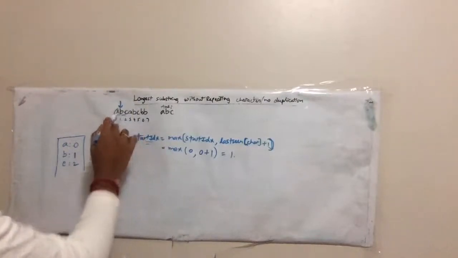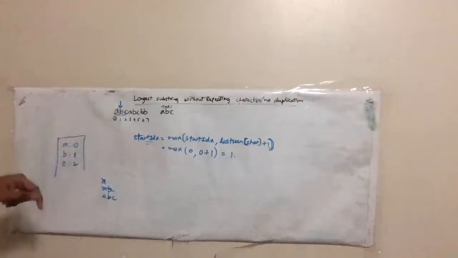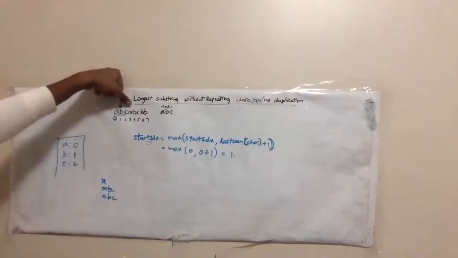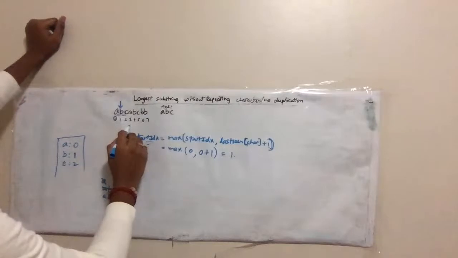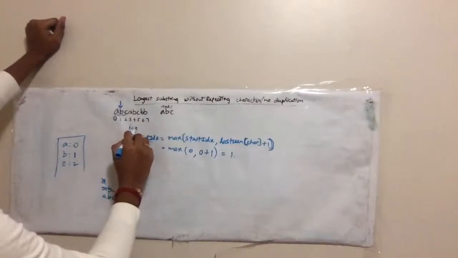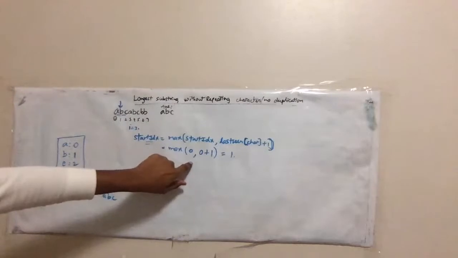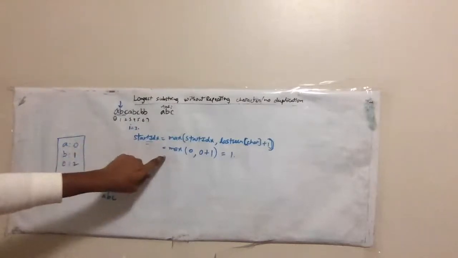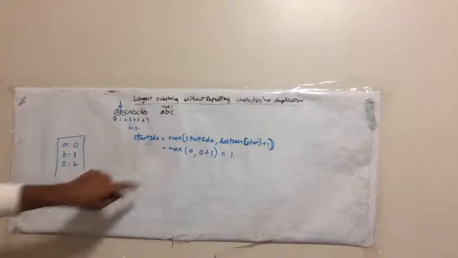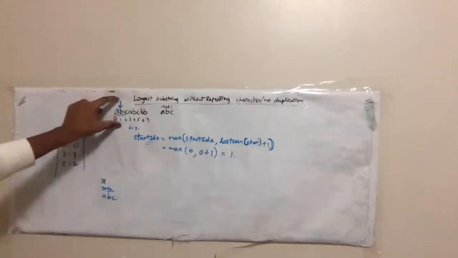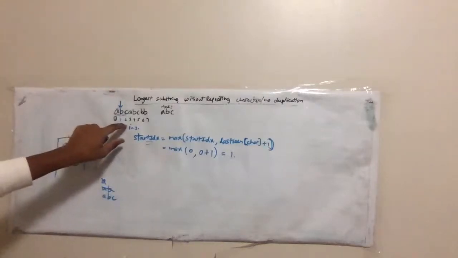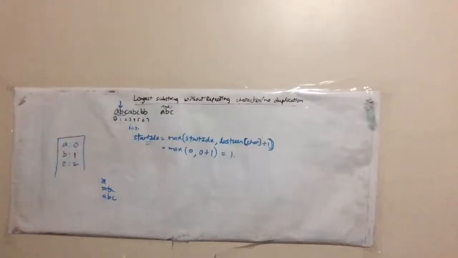We have seen this BC, so we are checking at this I is equal to 3 iteration. Now I is equal to 3, then we processed this, right? So then we came here and we have checked the length from start index to I plus 1.